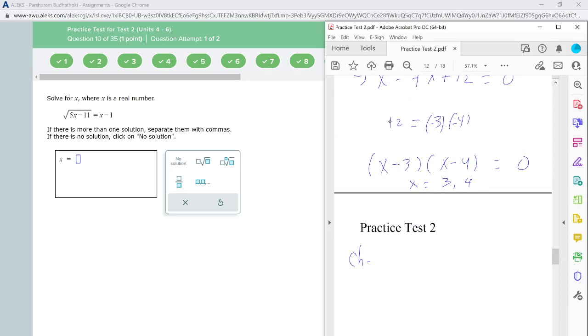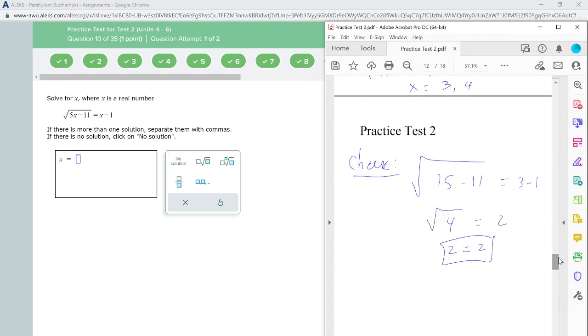So check. If I plug positive 3 into the given equation, that will be square root of 3 times 5 is 15, minus 11, equals 3 minus 1, which is 2. 15 minus 11 is 4, and square root of 4 is 2. So that is a true statement, meaning 3 is one of the right solutions.